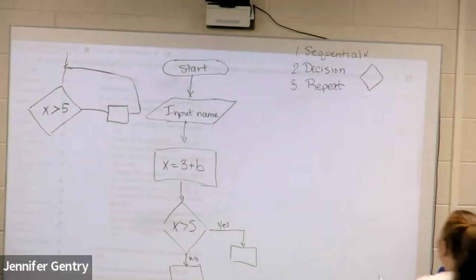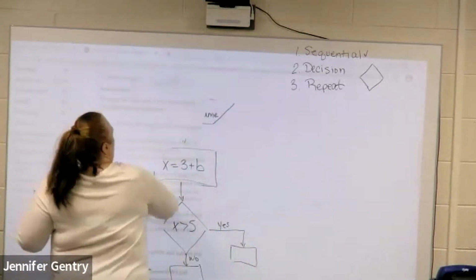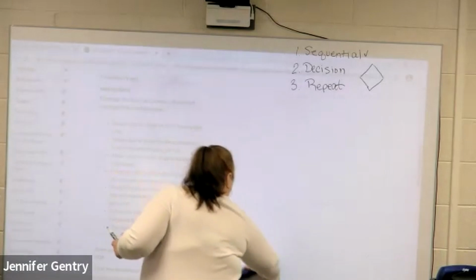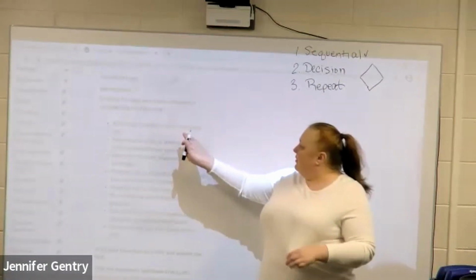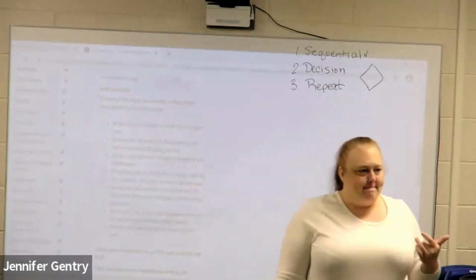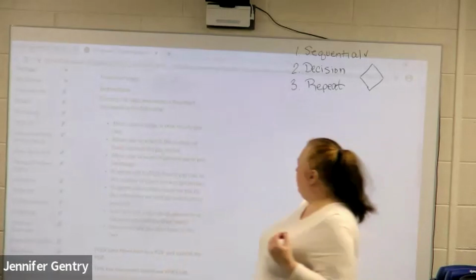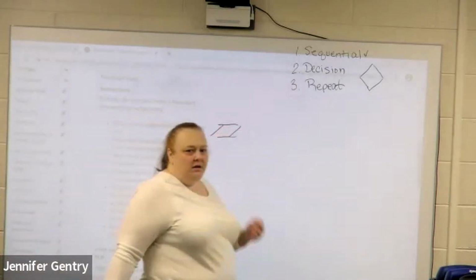I'm going to erase some of this. You may not be able to see it, but you'll be able to see it on yours, okay? So the first thing, allow the user to enter their hourly pay rate. What shape is that going to be? Parallelogram, right? You're allowing the user to enter something.